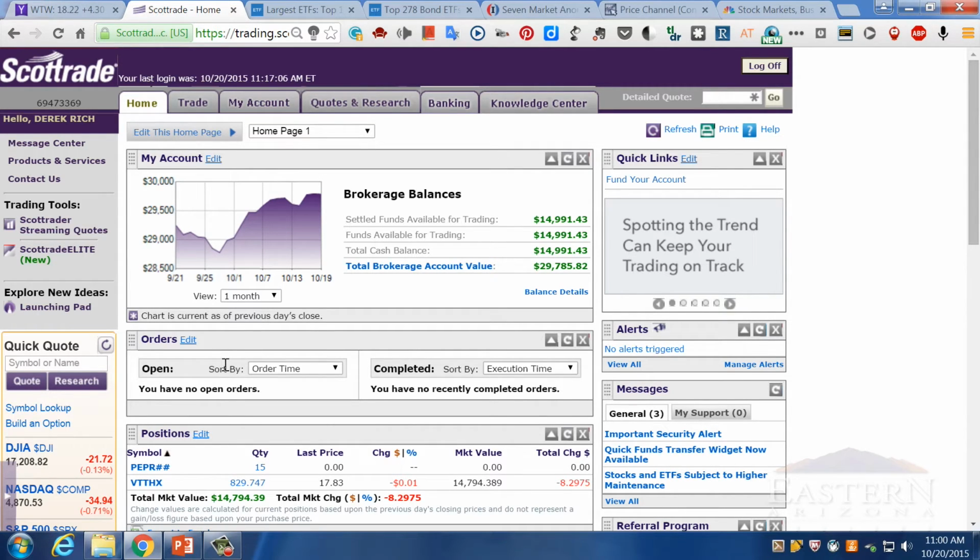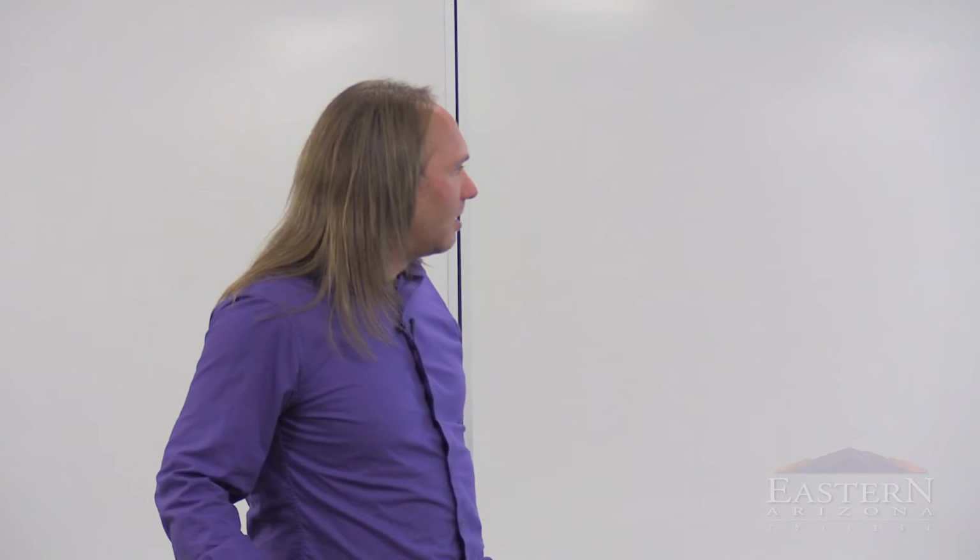That's why I did the VTTHX thing, because it's safe and I'd never really have to worry about it. The last time I bought, it went down to the 16s, and so obviously I've already made a dollar on it. It's relatively easy and low stress, and I know at some point it'll go up. So there you go. That's it.